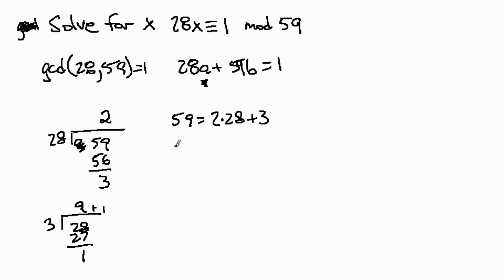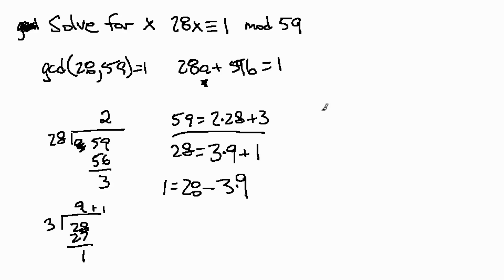So now I have that 28 is equal to 3 times 9 plus 1. I'm all done. 1 is the GCD. So 1 is equal to 28 minus 3 times 9. And over here, I'm going to solve for 3. I get that 59 minus 2 times 28 is equal to 3.